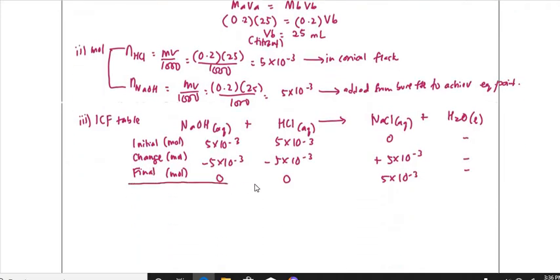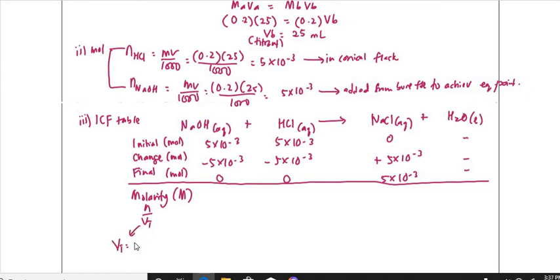Then, you buat satu lagi row. Refer to the molarity yang besar, which is mole over volume total. Volume total here is referred to volume HCl plus volume titrant NaOH at equivalent point.